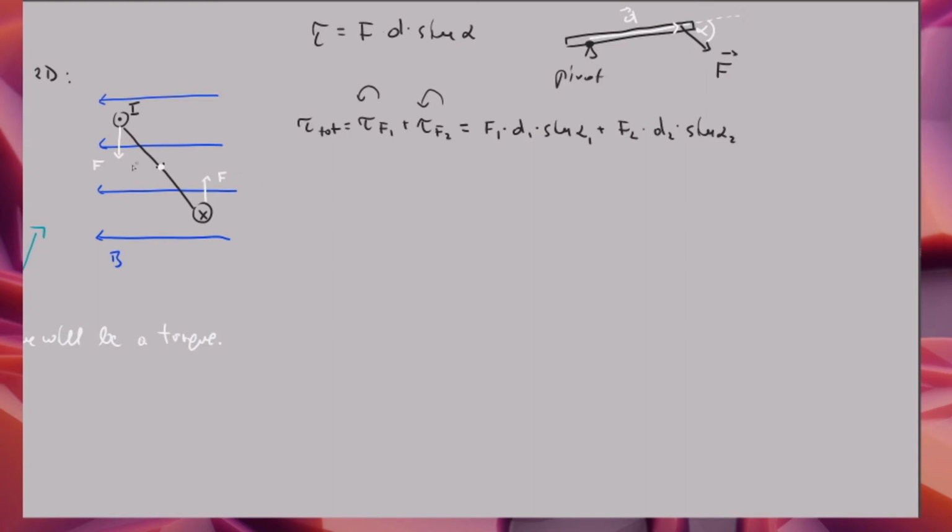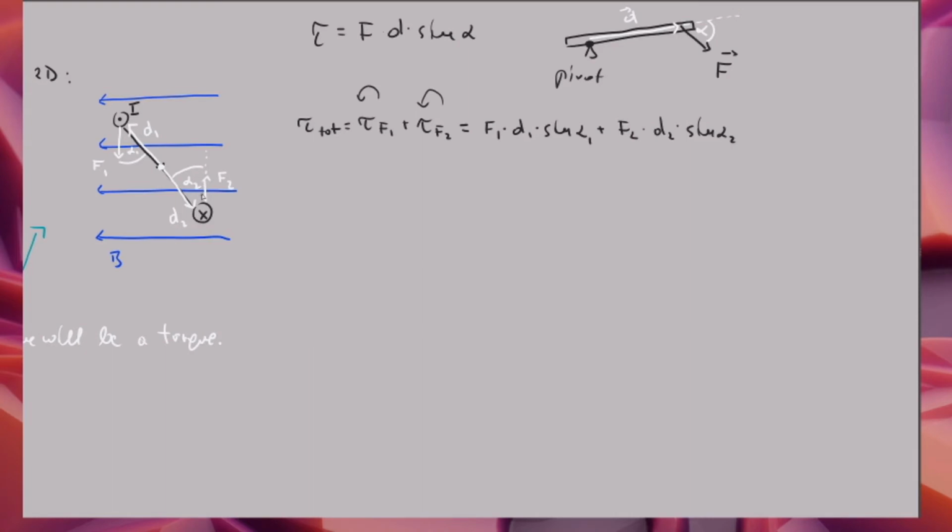Now D1. If this is F1, then this here is D1, the distance from the axis of rotation to where the force is applied, and then this would be alpha 1. If this is F2, then D2 would point from the axis of rotation to F2, and here I would have alpha 2.